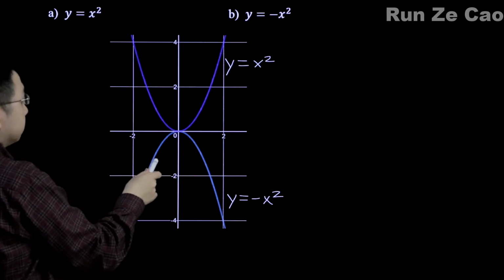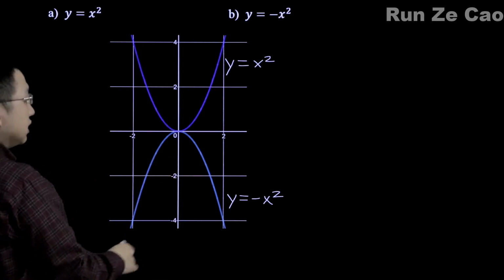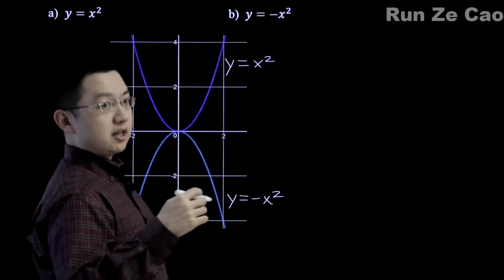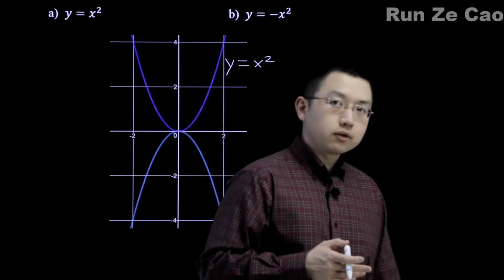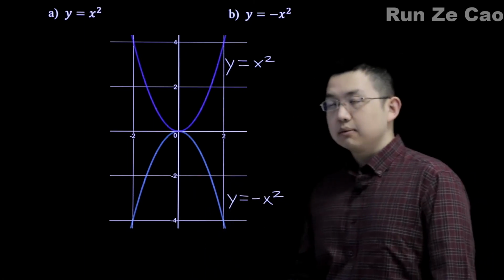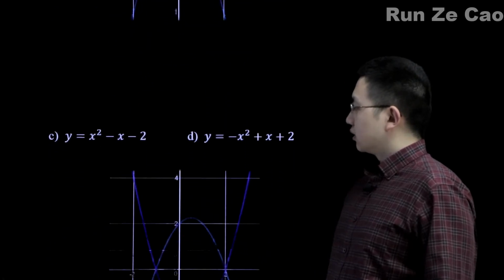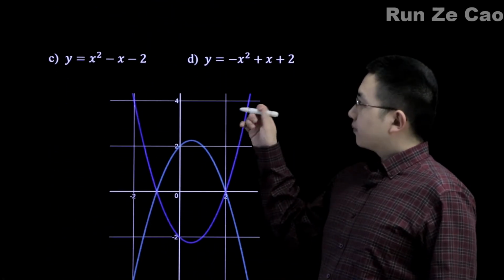Now, here we see that the range is not y is an element of the real numbers, because we have a maximum or a minimum, depending on the sign of the leading coefficient.